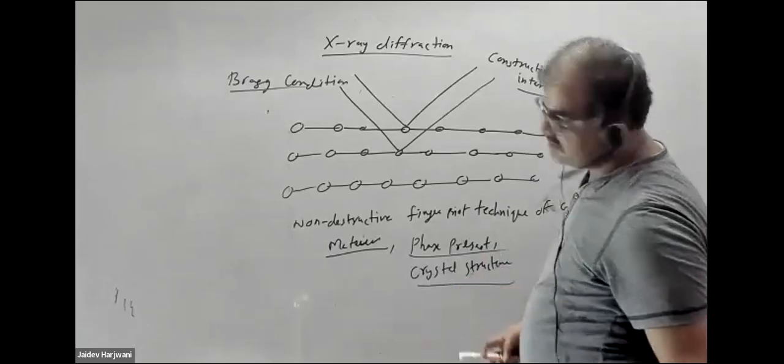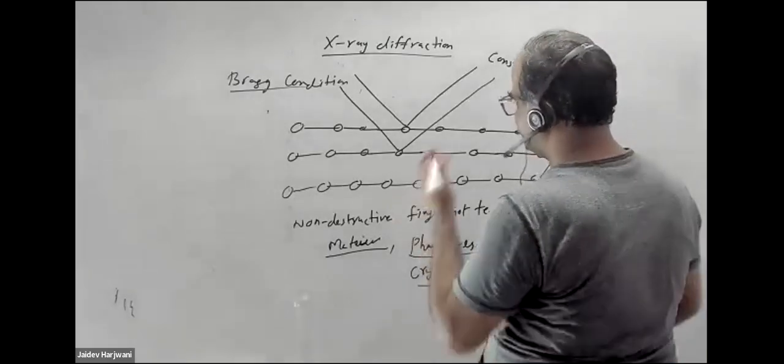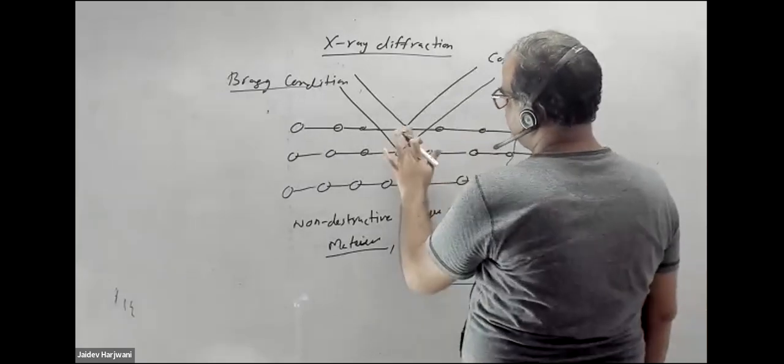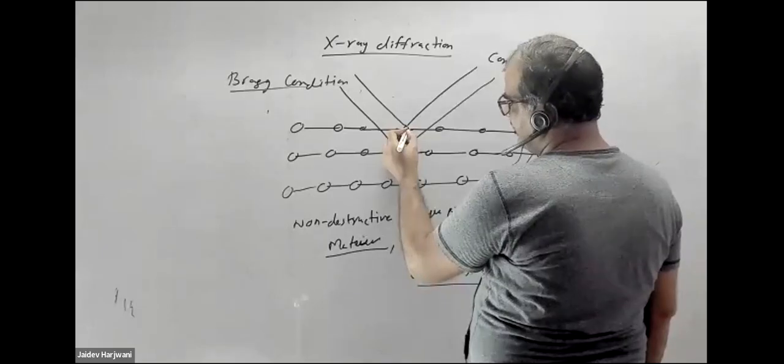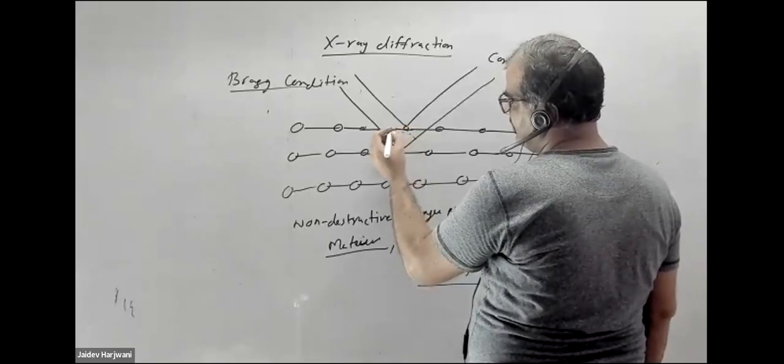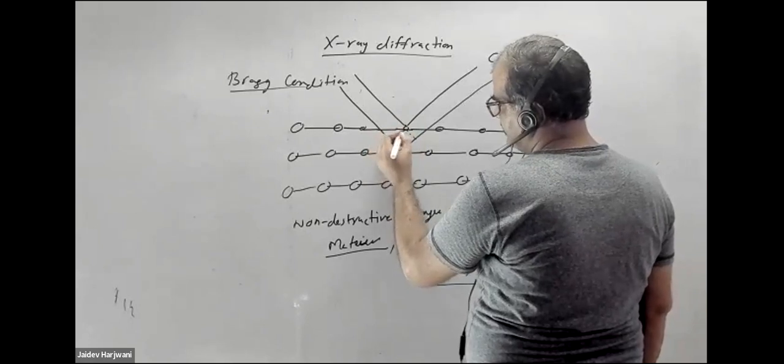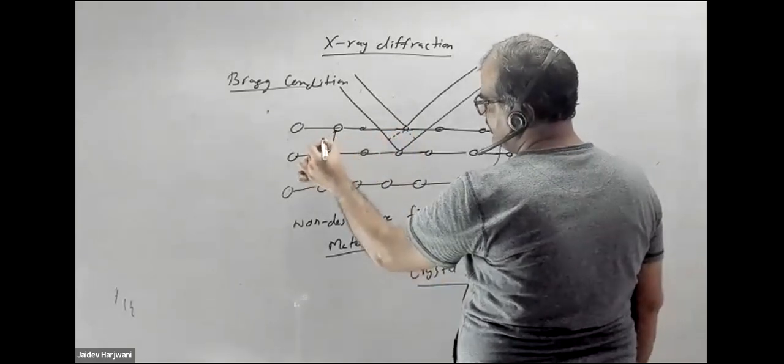नहीं, अभी देखेंगे ना. So what is the condition for this constructive interference? For that there should be no path difference. Path difference should be the same. So if I put a perpendicular here, suppose this interplanar distance is d.